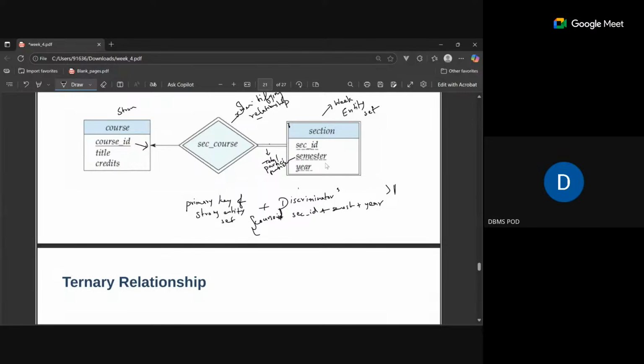Here it's all, since we need all three to combine with the primary key of the strong entity set, then only you will be able to uniquely identify. Along with the course ID, we need section ID, semester and year to identify that, right? Yeah.